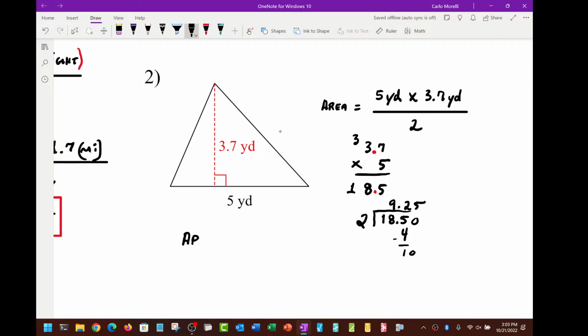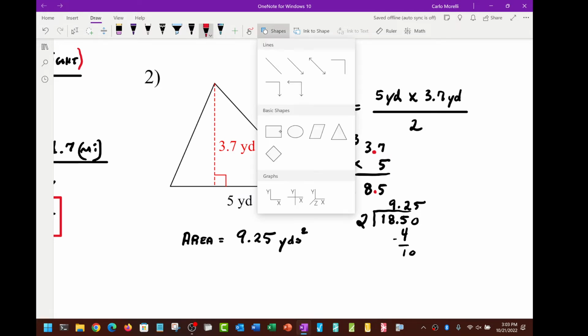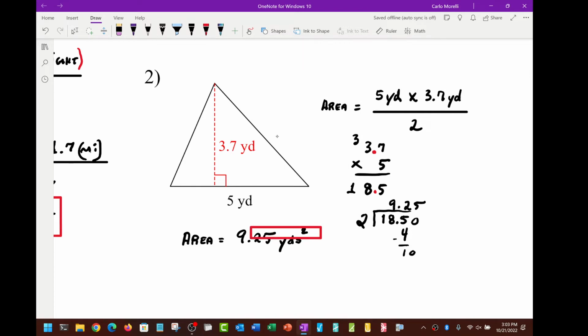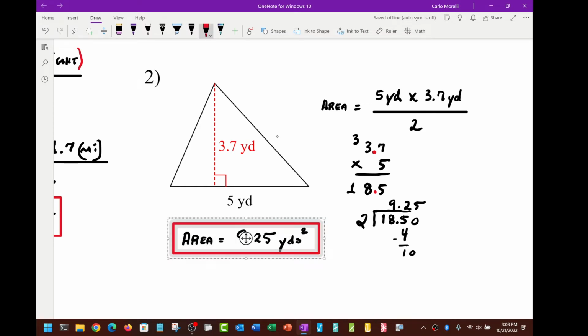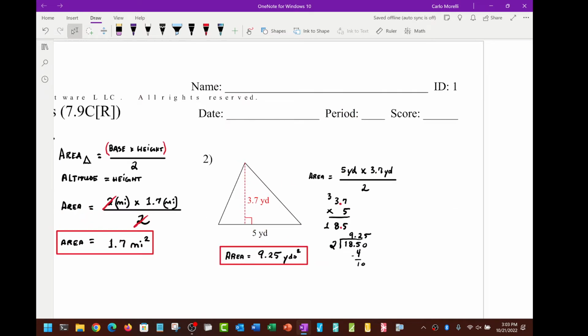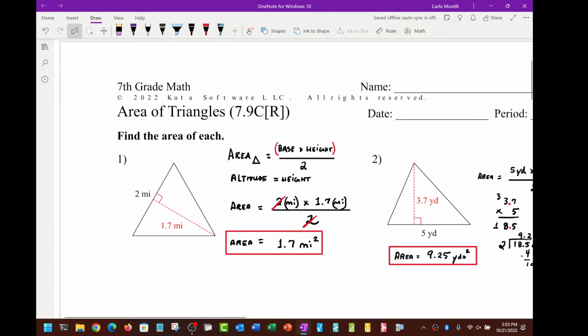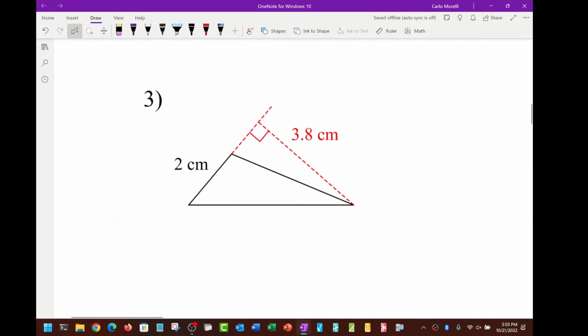The area equals 9.25 yards squared. All right. Well, that's done with number 2. Move on to number 3.